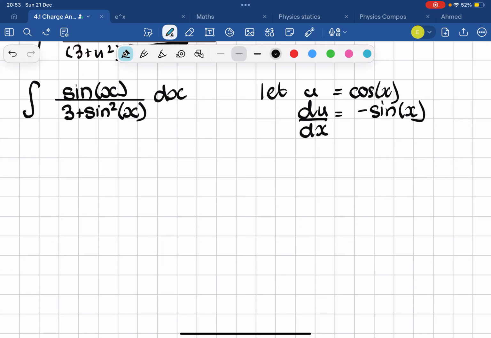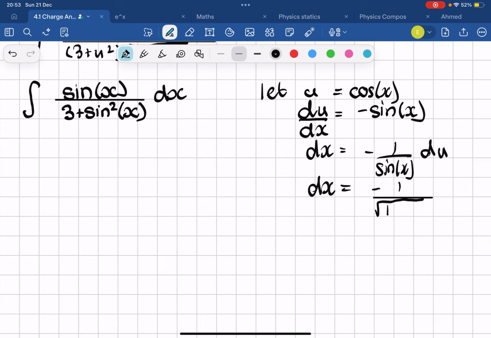We rearrange for dx, so we get minus 1 over sine x du. So dx equals minus 1 all over root 1 minus cos squared x, which is root 1 minus u squared, du.